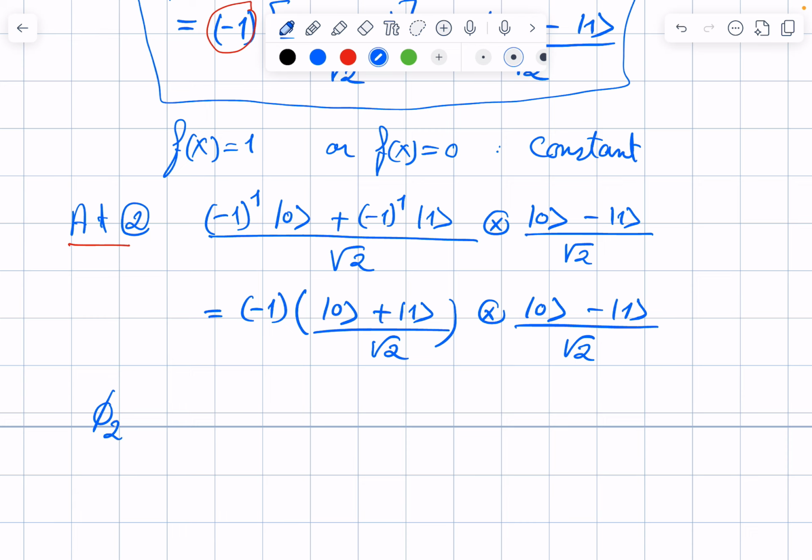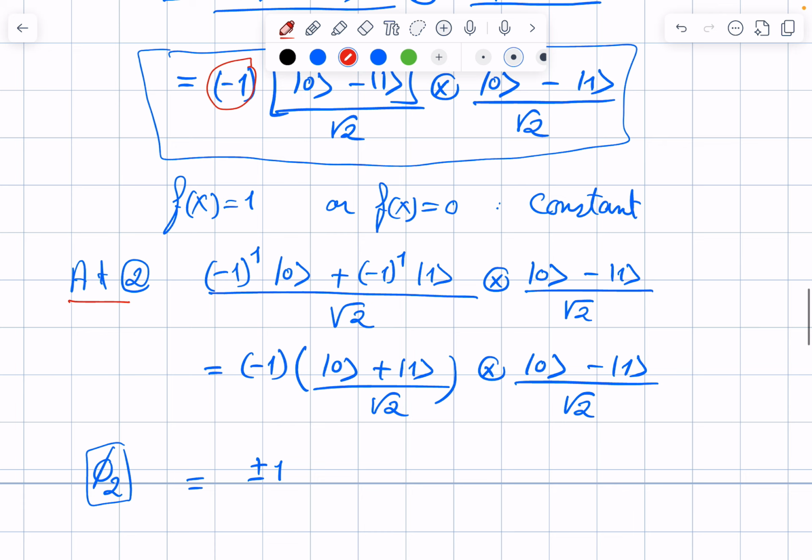in a unified way. So at 2, which I can call phi 2, is going to be plus or minus 1. I'm just going to take this and this one.